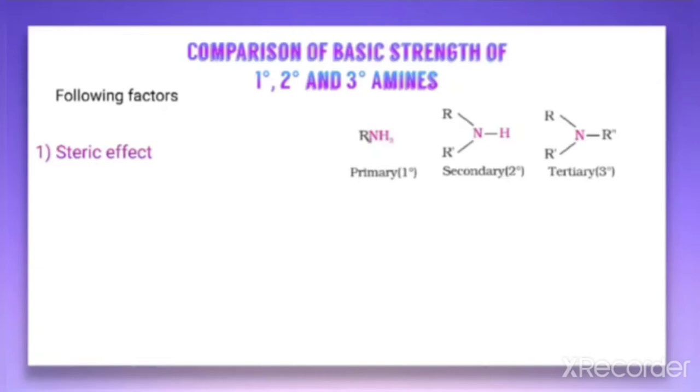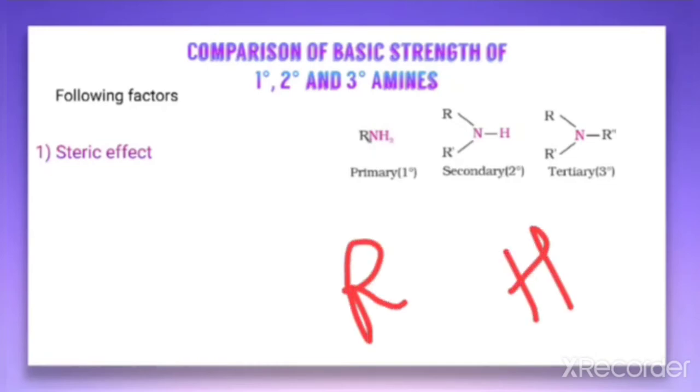As the size of the alkyl group is more, when we compare the size of the alkyl group with hydrogen, the size of the alkyl group is more than that of hydrogen. Therefore, it hinders the attack of acid on the amine. When we compare the primary, secondary and tertiary structures, here 2 alkyl groups are there on the nitrogen, here only a single alkyl group and here 3 alkyl groups are there.